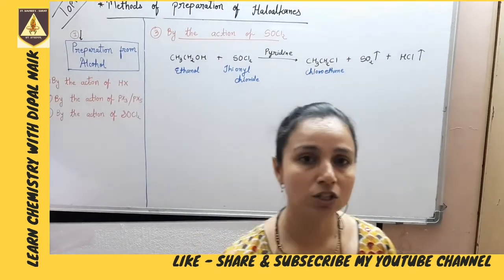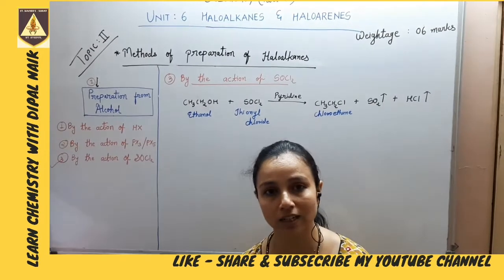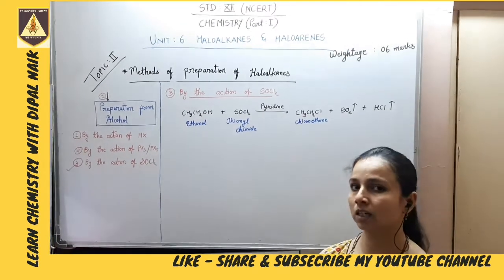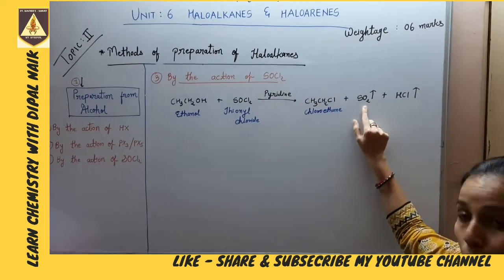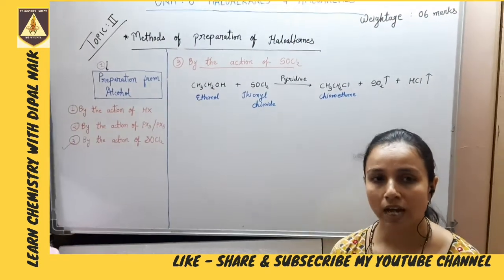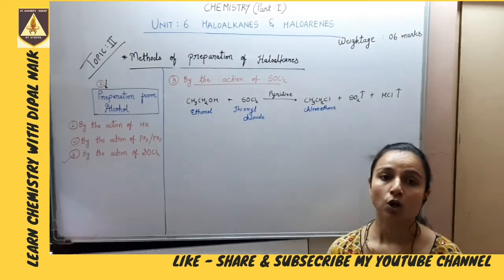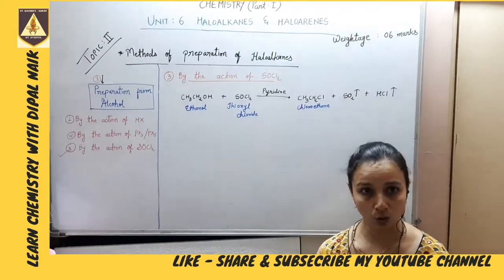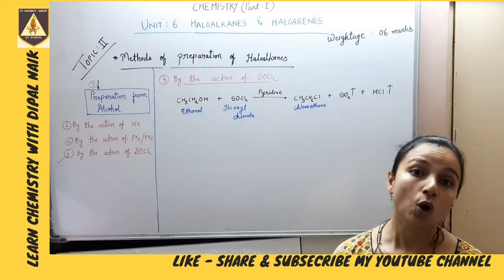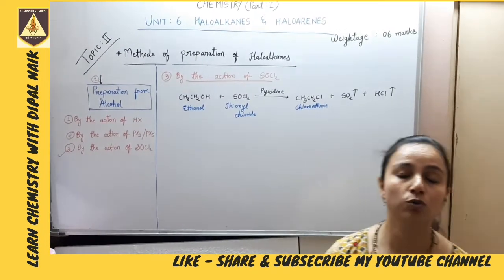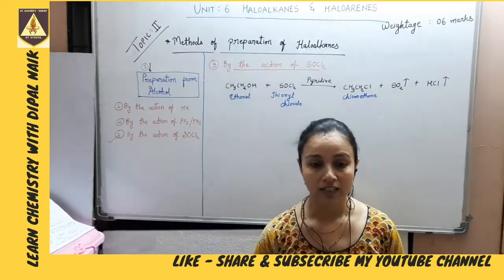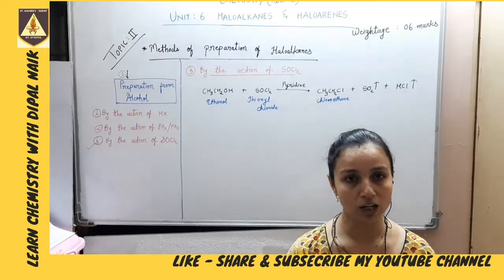That's why this reaction is mostly used industrially, that is commercially, to produce haloalkane. And another reason is that SO2 and HCl are both very important byproducts. SO2 further goes into the preparation of concentrated sulfuric acid in the contact process, and HCl is used as starting material, or as a solvent, or to purify so many equipments in the laboratory. That's why this reaction is very useful.